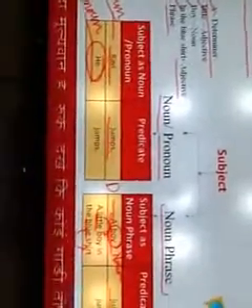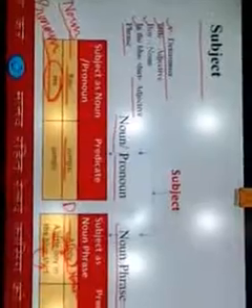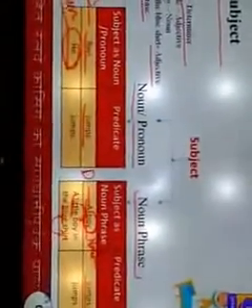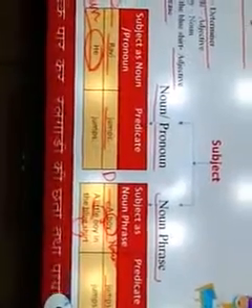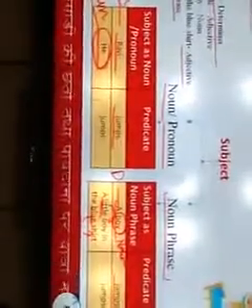What is adjective phrase? Adjective phrase is a group of words that describes the quality of a noun. Here, this adjective phrase is describing the quality of a noun, which is boy.